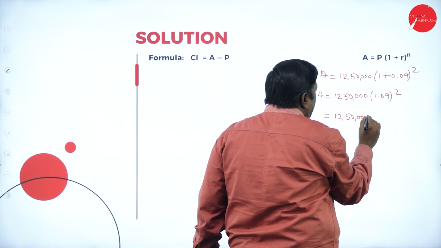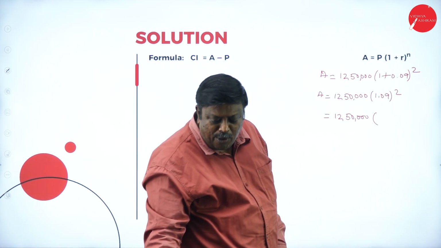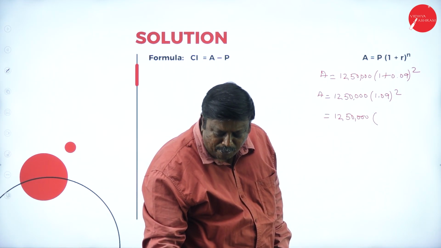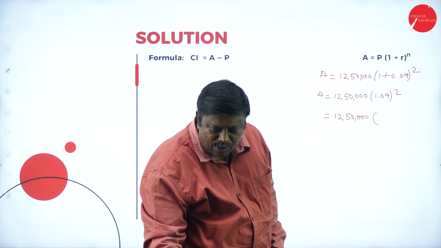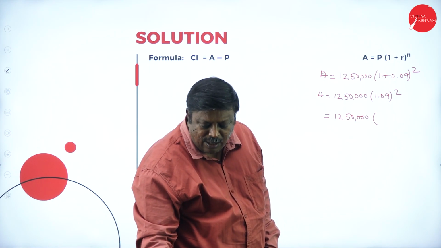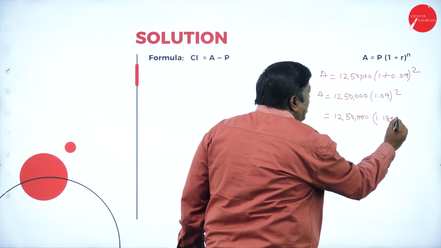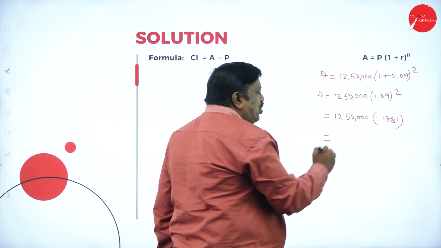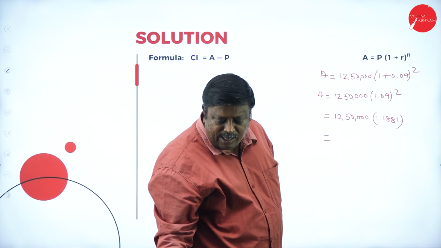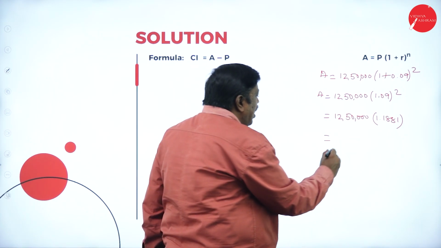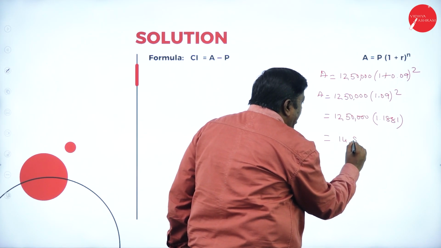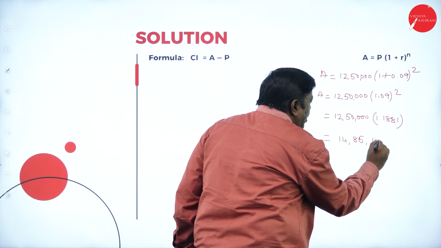12,50,000 into 1.09 into 1.09, two times, so it will be 1.1881 into 12,50,000, which will be 14,85,125.